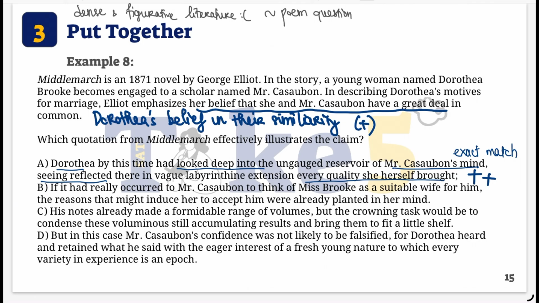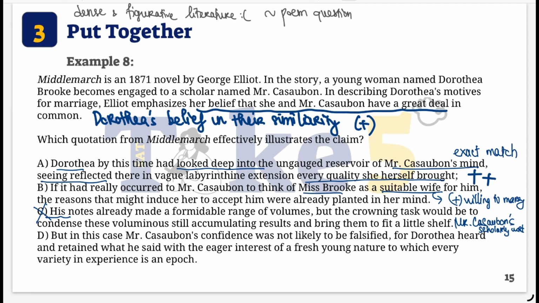B only indicates that Dorothea, or here Miss Brooke, is already interested in marrying Mr. Casaubon, so it points to the positive direction, but only describes her willingness to marry, not specifically shared qualities. C only describes Mr. Casaubon's scholarly work, not even mentioning Dorothea, so it's completely off topic.